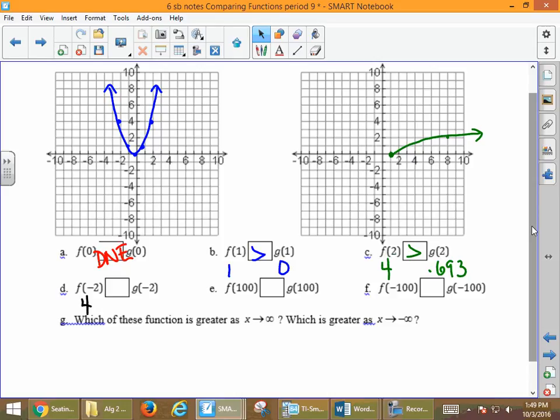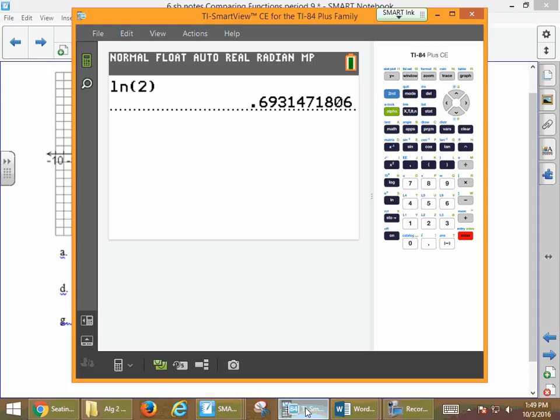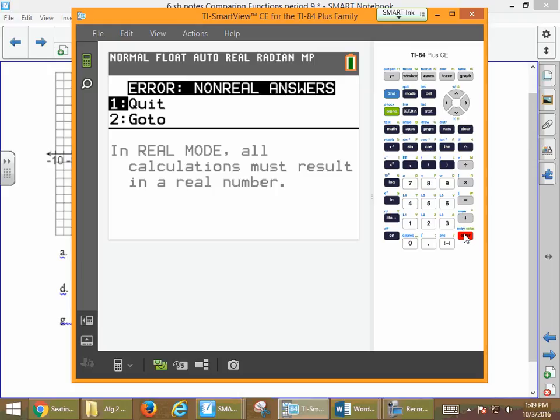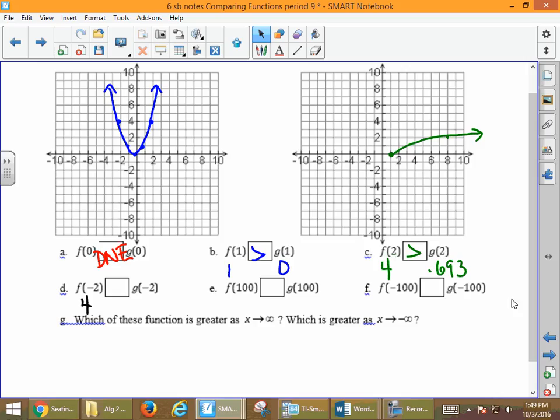And as we look at our picture here, do we have any x values in our picture that have a -2 in them? And it doesn't. And if you don't see that on the graph, then if you type in natural log of -2, you can probably guess what we're going to get, which is an error. So again, on part D, we don't have any basis for comparison.